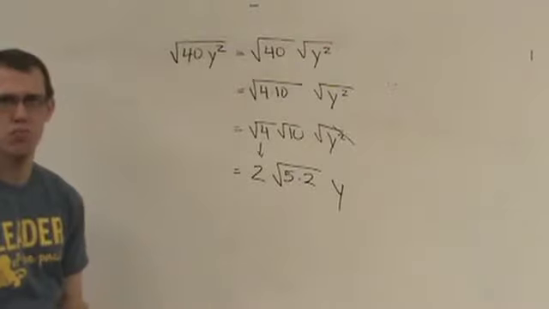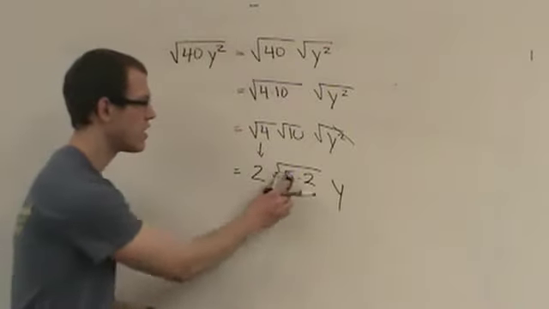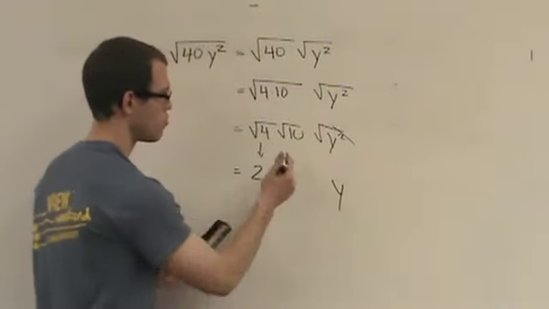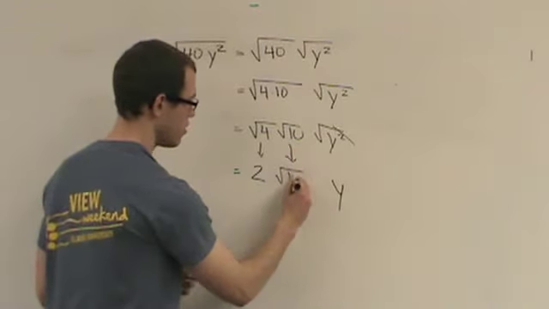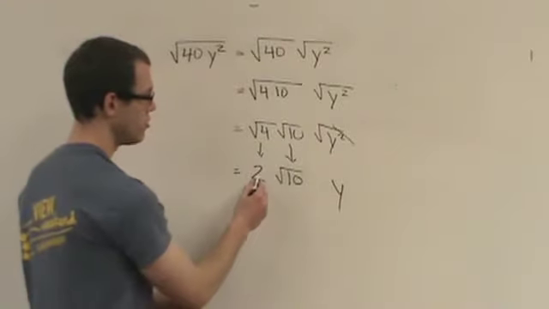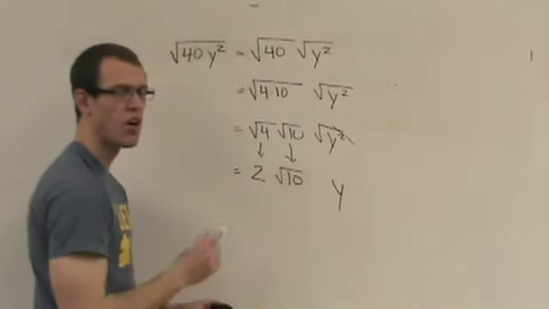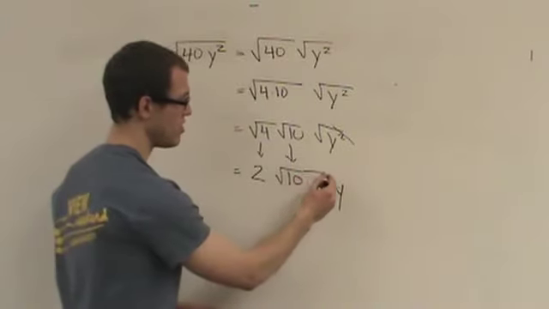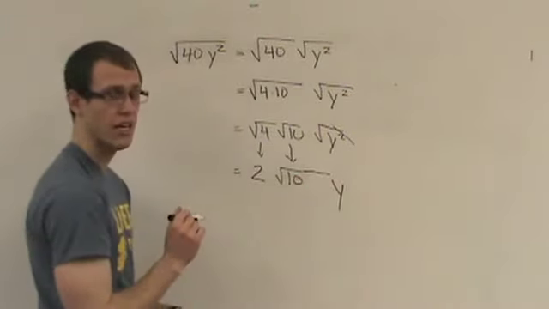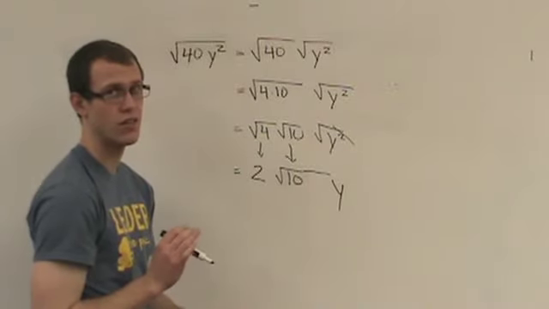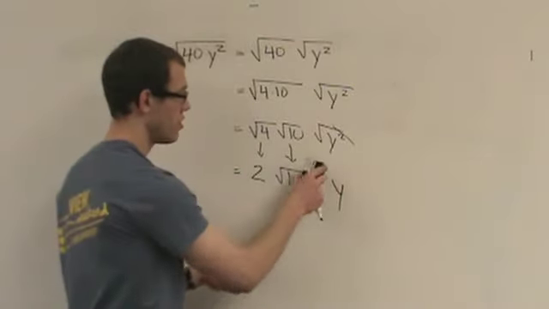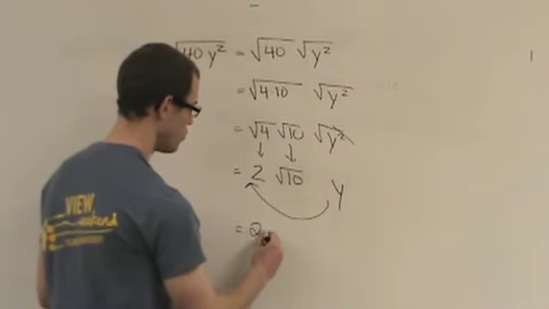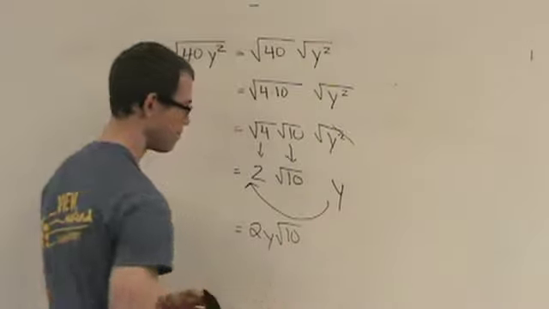So we would just end up putting it back together. So instead of writing square root of 5 times 2, I'm just going to erase that and bring down the square root of 10. So our answer, 2 square root of 10 times y. But I don't like seeing that y in the background because I'm afraid that maybe you extended your radical sign too far, and it may look like the y is underneath it. So what I want you to do instead is to move the y around to the front. So that means it's going to equal 2y square root of 10.